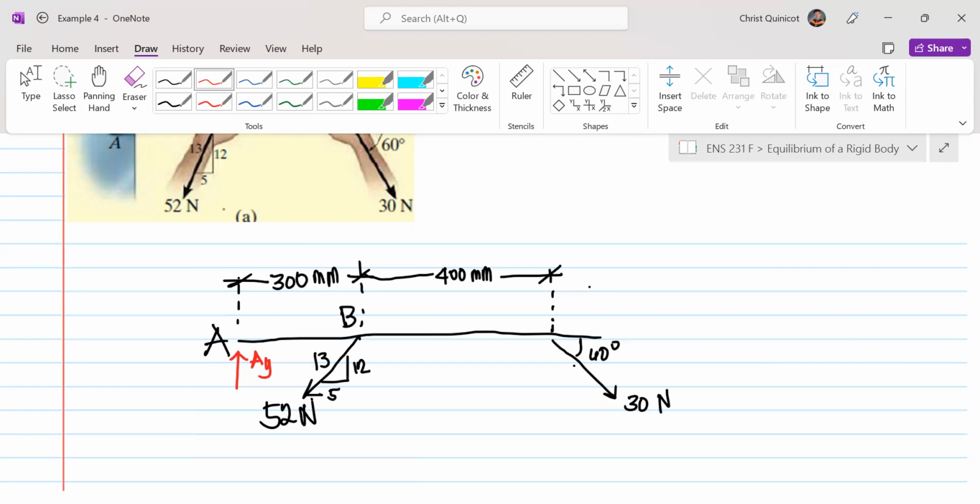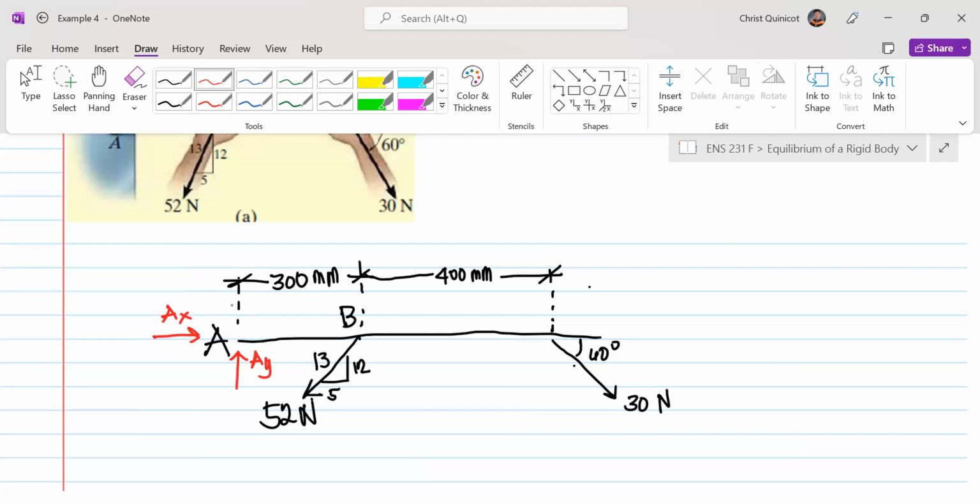So let us assume A sub x is to the right. Later on, if we do summation of forces in x and end up with a negative answer for A sub x, it means our assumption was wrong, so it is to the left.